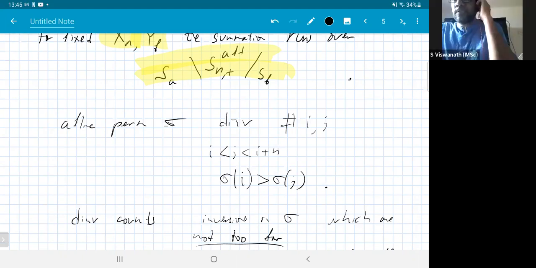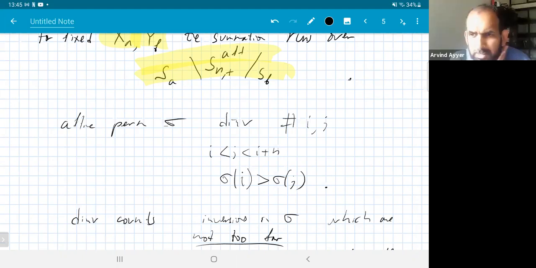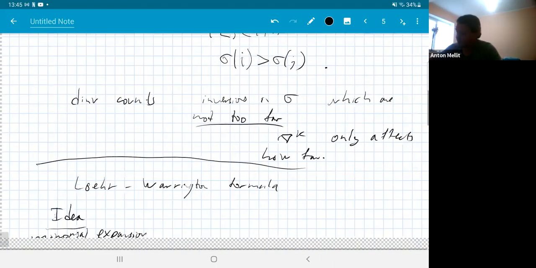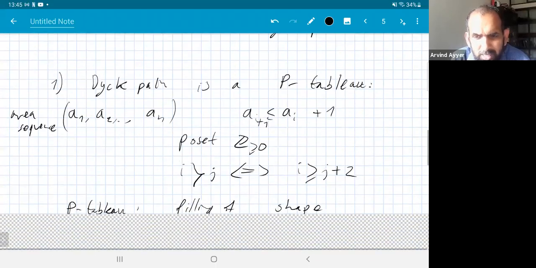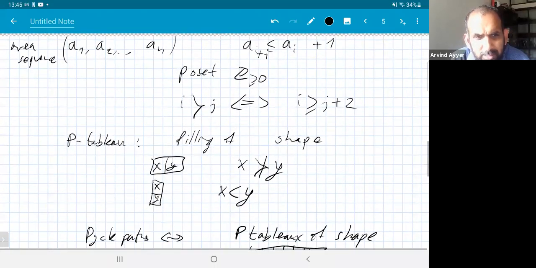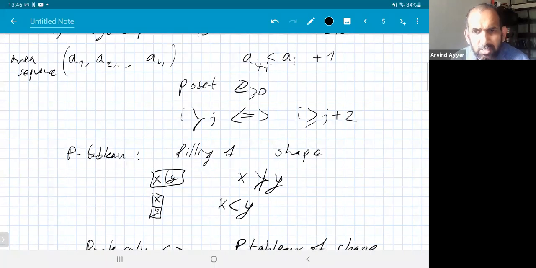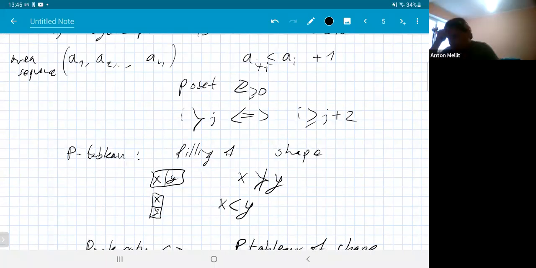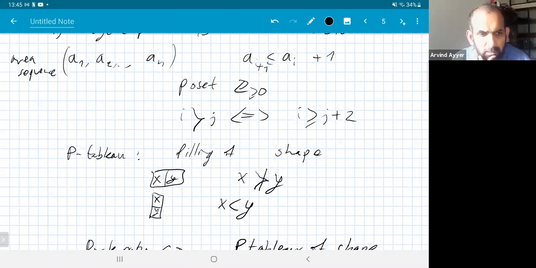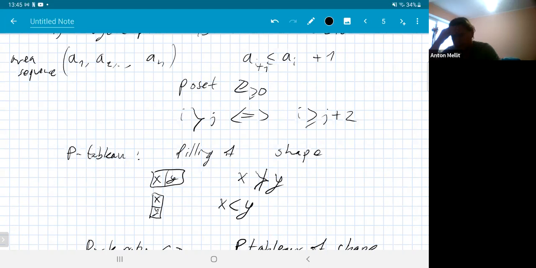Any other questions? Sorry, maybe I missed it, but did you explain what a P-tableau is? By P-tableaux, do you mean RSK P-tableaux or something else? So this is introduced by Gessel-Viennot, I think, and then also studied by Krattenthaler, it's kind of old, and then recently Sheresh and Wachs.